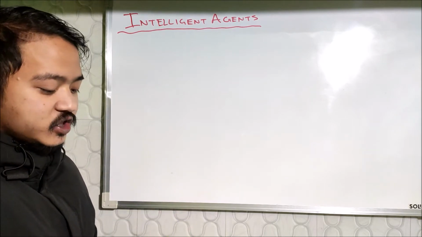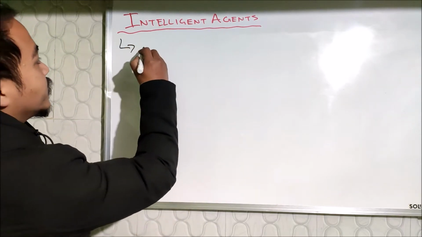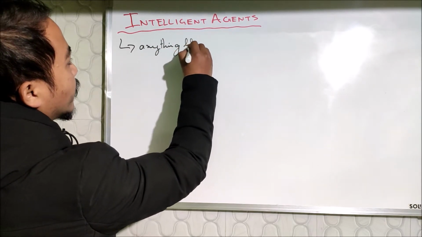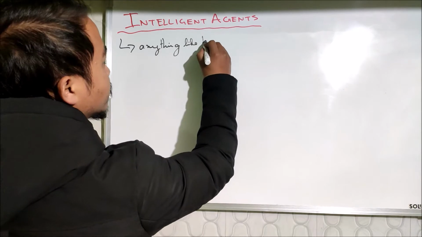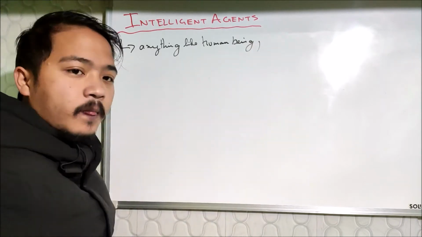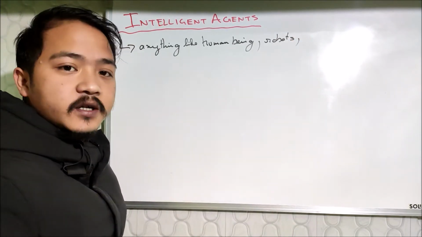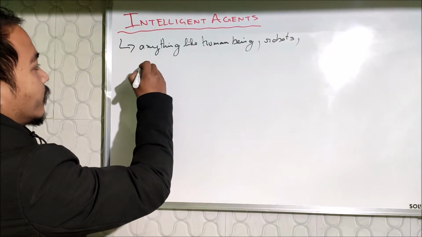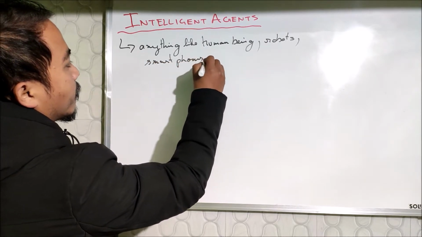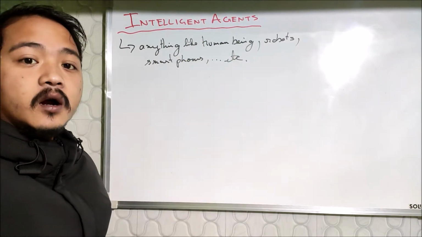Agents are anything, let's write it down here, anything like, let's say, a human being, robots, or smartphones, etc. All these are called agents.